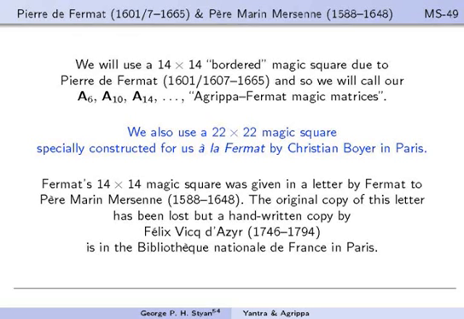Christian tells me that the method he used was the same as the method used by Fermat in a letter to Pierre Marin Mersenne, the original copy of which has been lost, but a handwritten copy by Félix Vicq d'Azyr is in the Bibliothèque Nationale de France in Paris, and we are hoping to get permission from the BNF to include an image of it in the lecture notes.